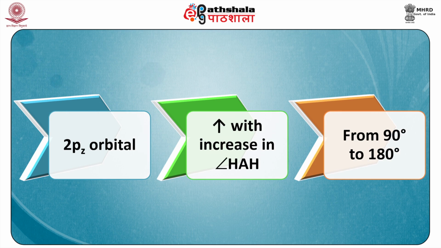The contribution of the 2pz orbital, on the other hand, goes on increasing with increase in HAH angle from 90 degrees to 180 degrees. However, the 2pz orbital in the linear molecule is non-bonding, because in the linear molecule the chi 2pz and the combination chi 1s HA plus chi 1s HB are of different symmetry.